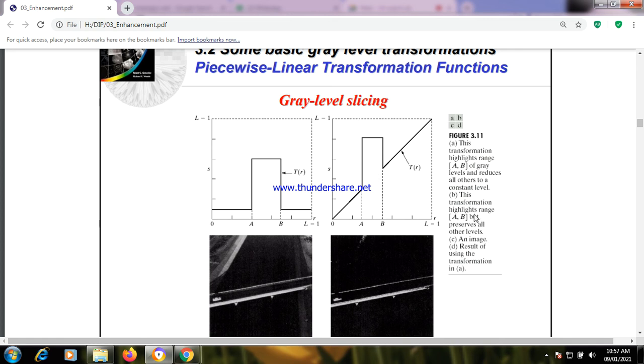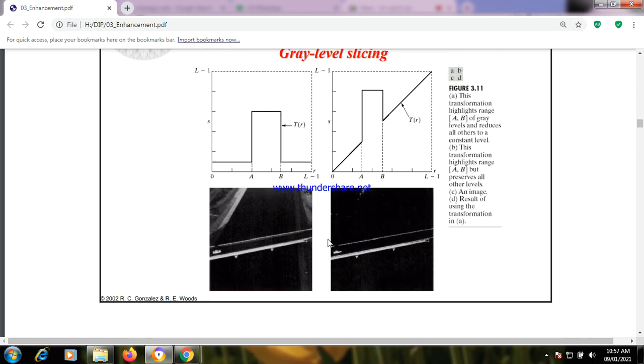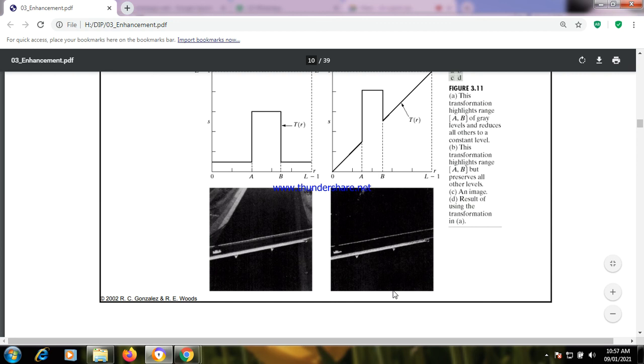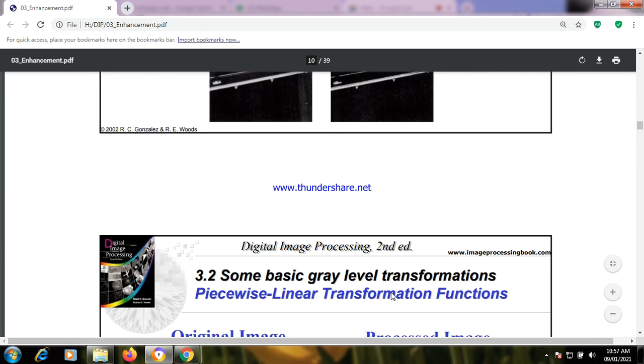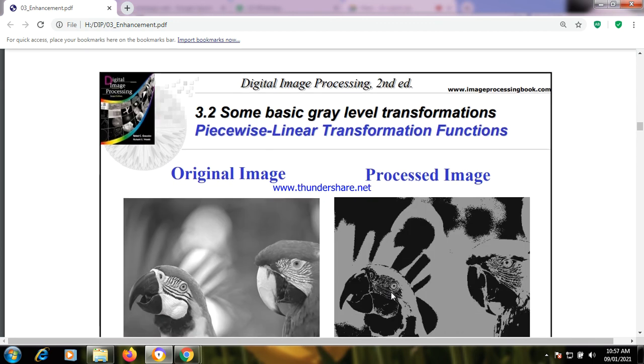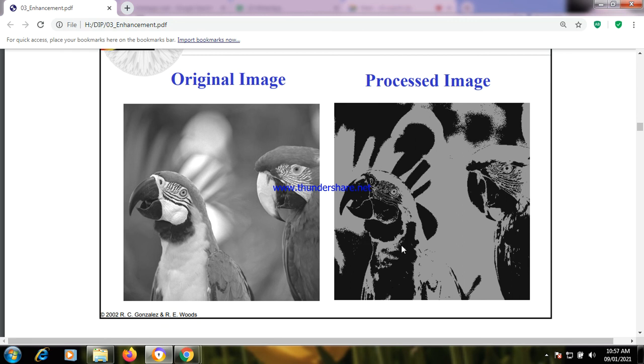This transformation highlights the range AB but preserves all the other levels, right? So this is after the gray level slicing, meaning you are highlighting only some part of the image. That is done by gray level slicing. Same thing, gray level slicing.